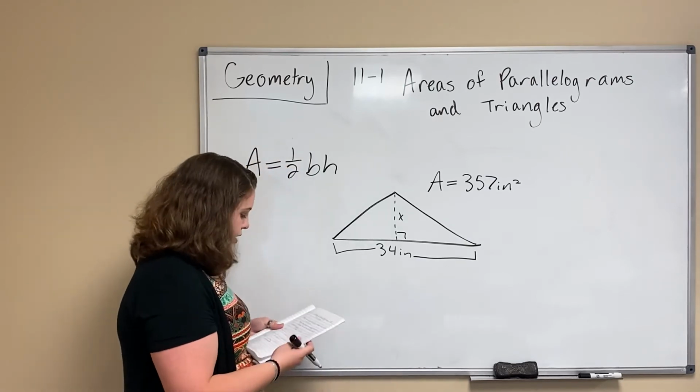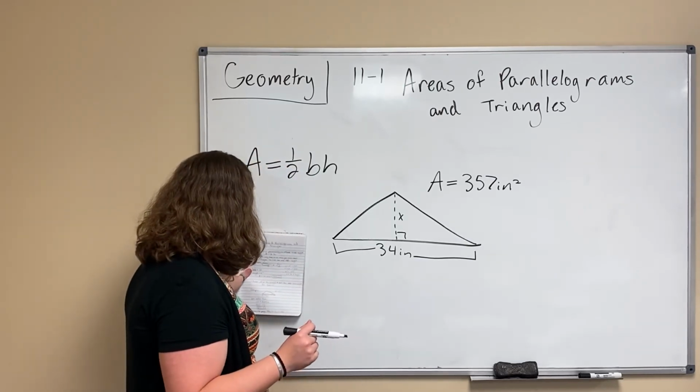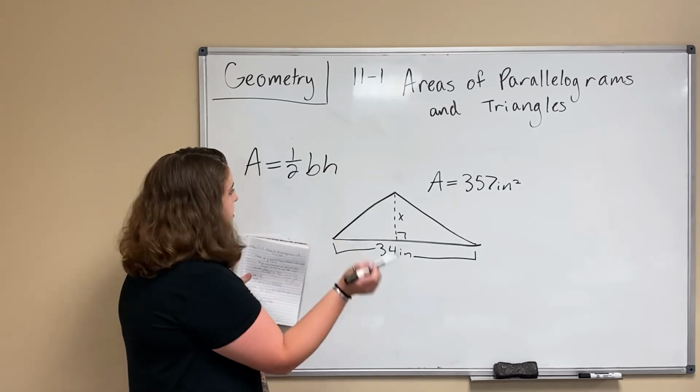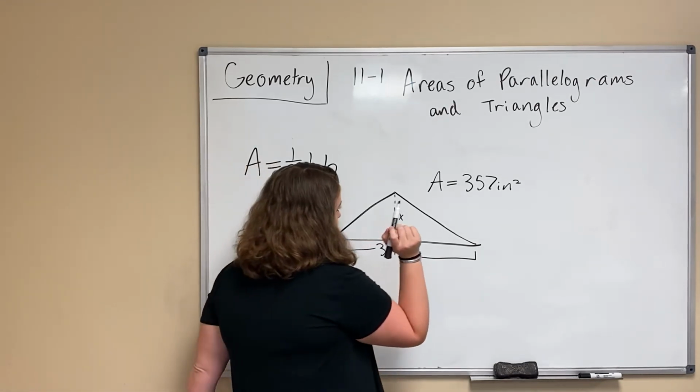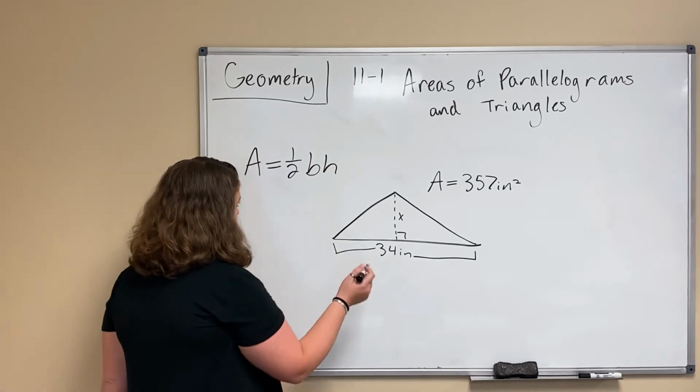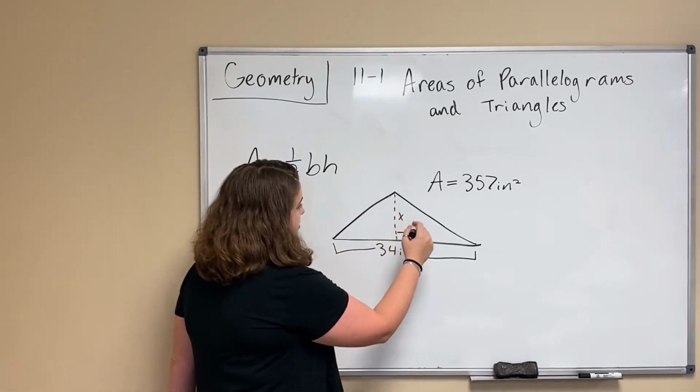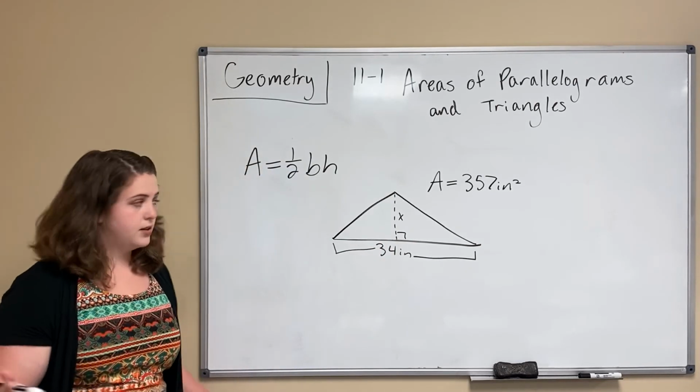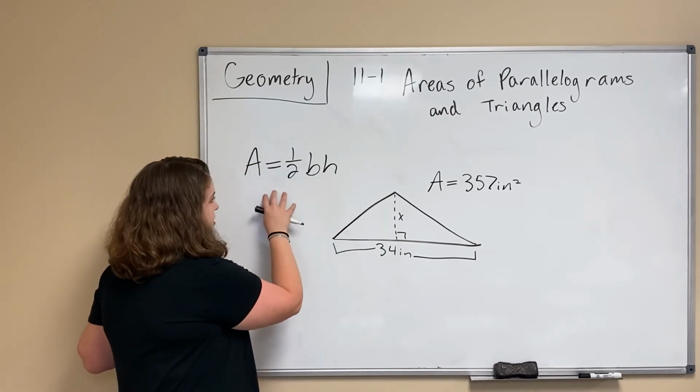Okay, so, right, back to this problem. We know our area is 357 inches squared, and we know our base. When they ask us to solve for x, we're solving for the height, right? So we're just going to plug it all into this equation here.